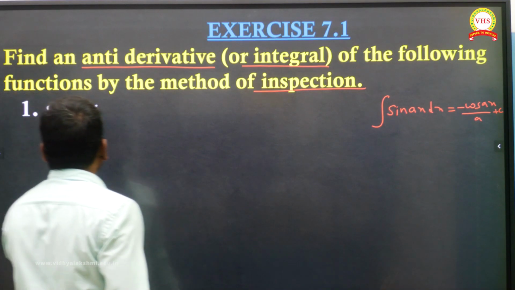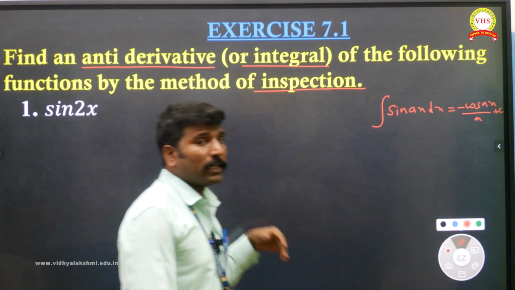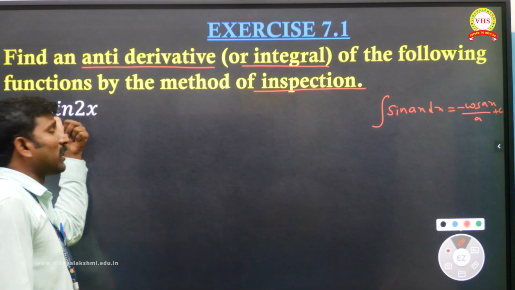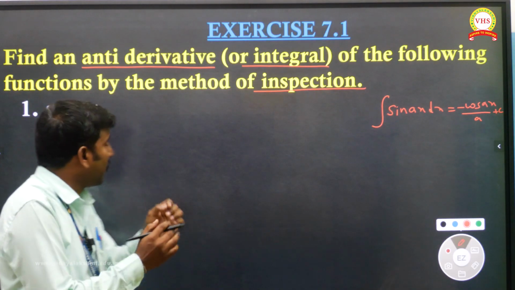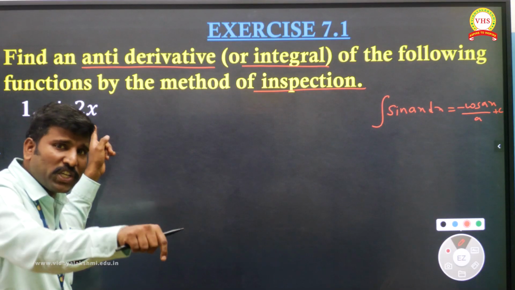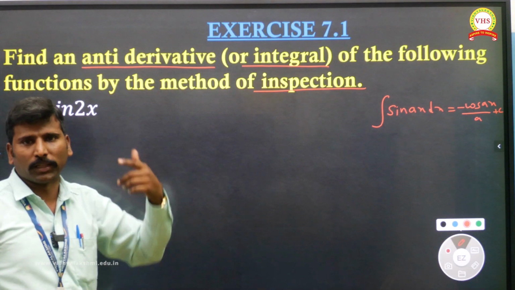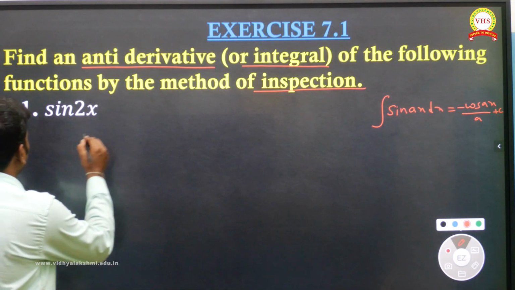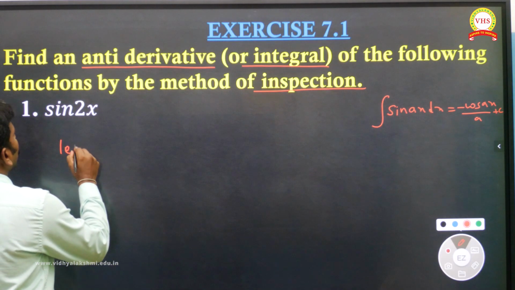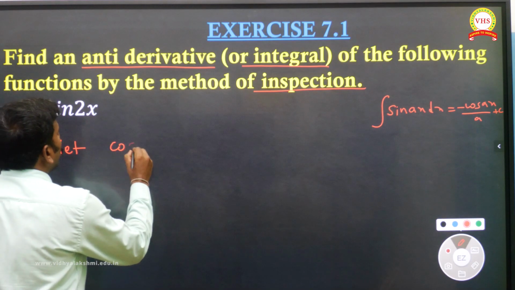So which function, when you differentiate, gives you sine? It is the inverse process, so you have to think carefully. The derivative of cos is minus sine, so we have to take cos. Let us take cos 2x.